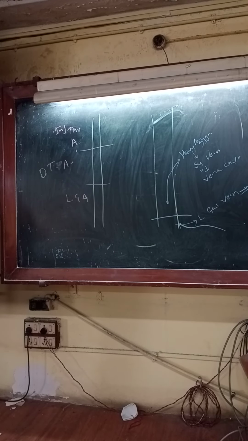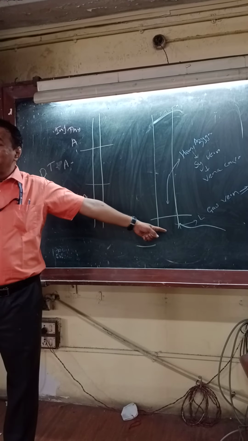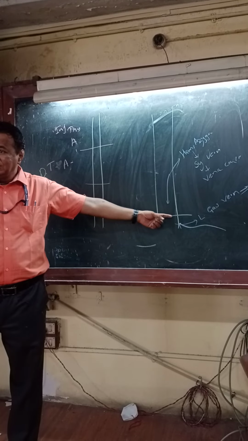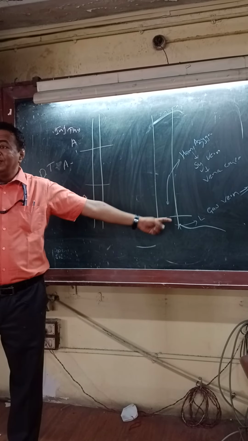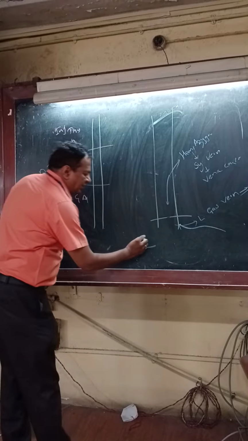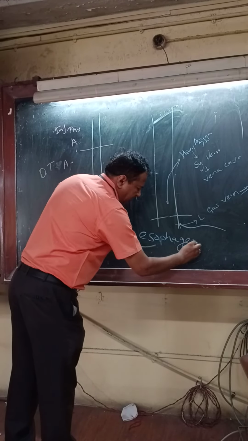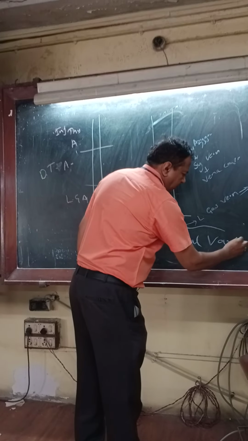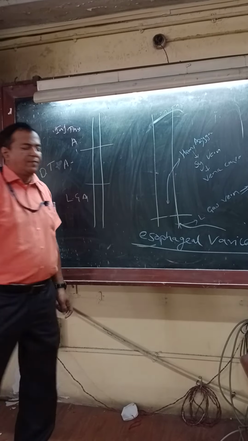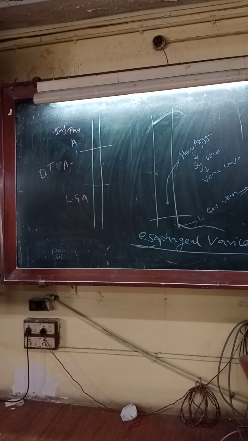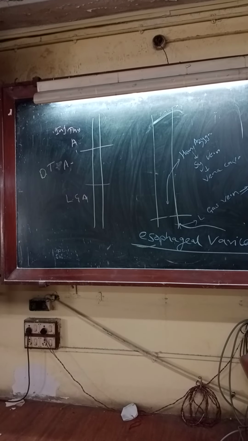We discussed pulmonary hypertension; now I am talking about portal hypertension. In portal hypertension and cirrhosis of the liver, these veins will dilate, and this is called esophageal varices: dilatation of the veins at the lower end of the esophagus.